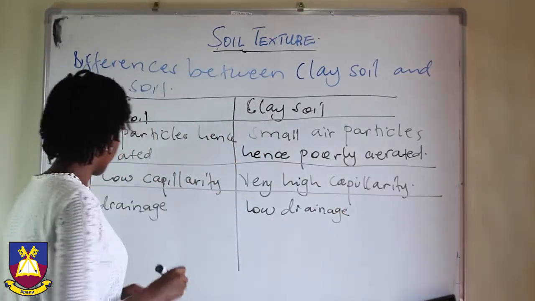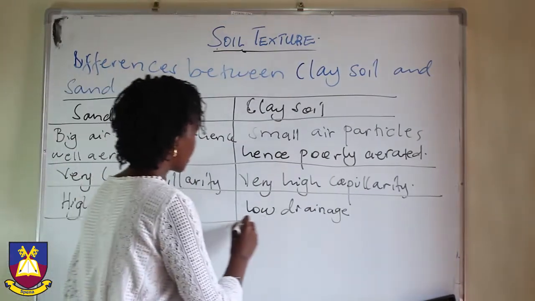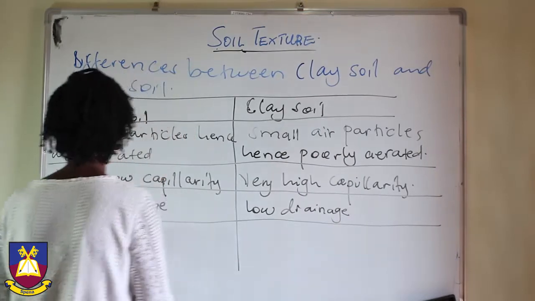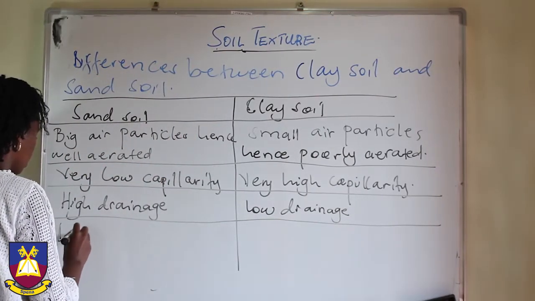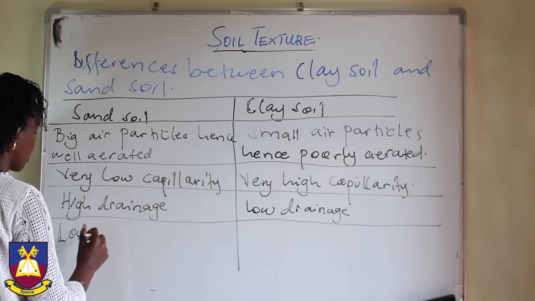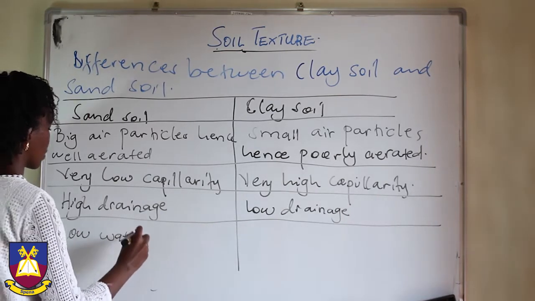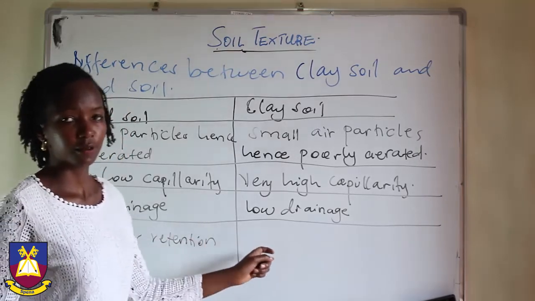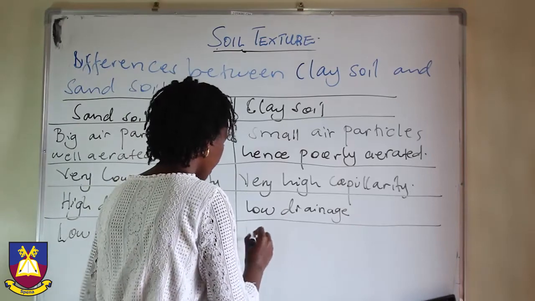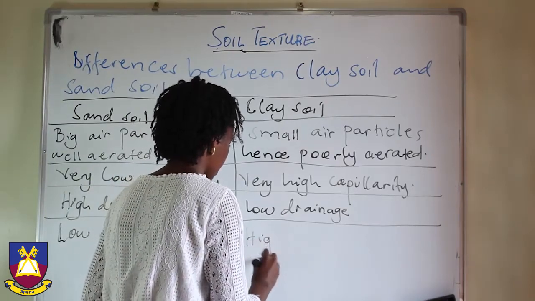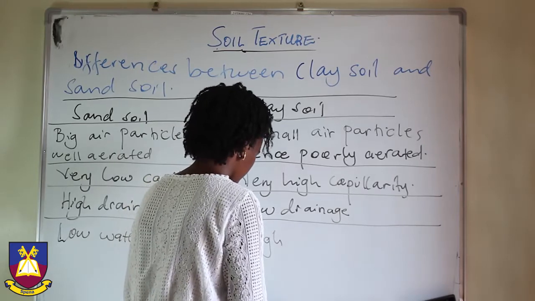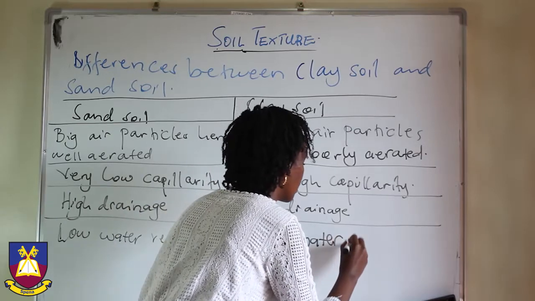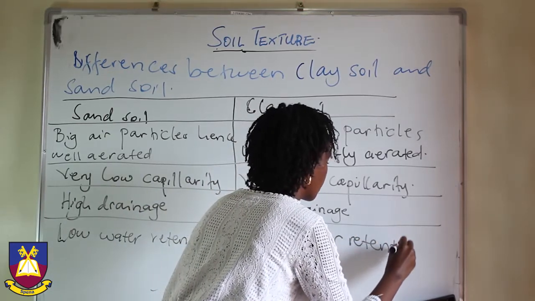And therefore, if sand soil has high drainage, it means that it has low water retention. How about this one? It has high water retention.